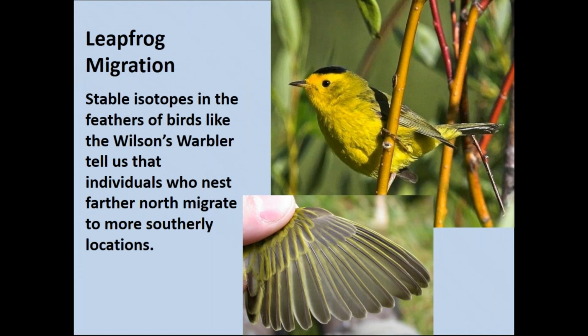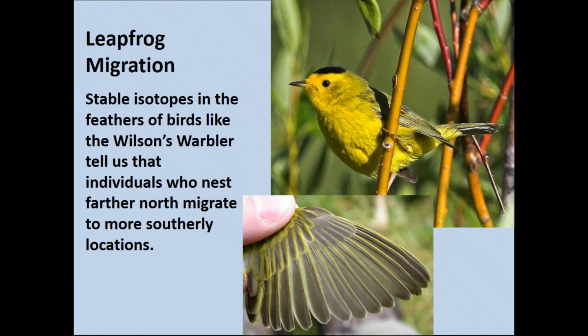That means certain populations that may winter or summer in Alaska, for example, are actually going all the way down, say, to northern South America and leapfrogging other populations of Wilson's warblers that have a much shorter migration. Let's say another population of Wilson's warbler might summer in the Sierra, and maybe they'll spend the winter in Mexico. So they'll have a really short migration, while this other population is completely leapfrogging that one.